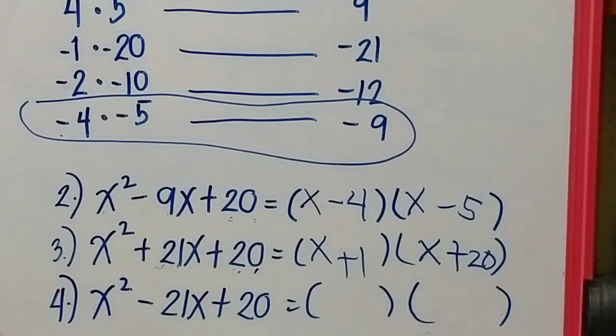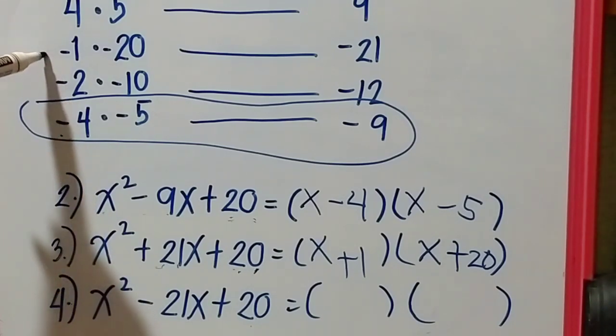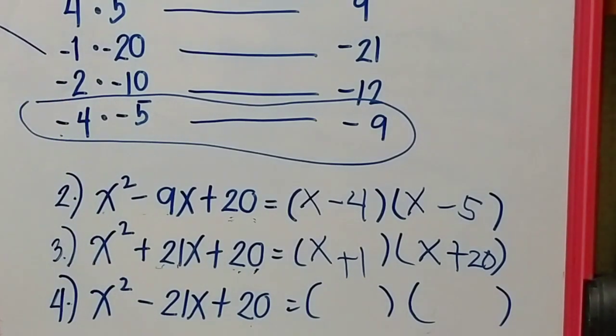And then last one, we have x squared minus 21x plus 20. So, find two numbers whose product is 20 and whose sum is negative 21. So, we have negative 1 and negative 20. So, we have the factors of this quadratic trinomial, x minus 1 and x minus 20.